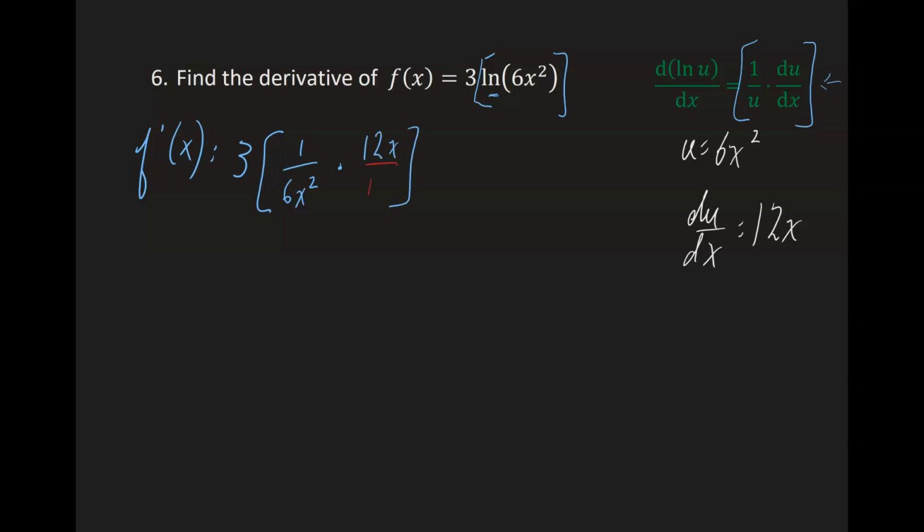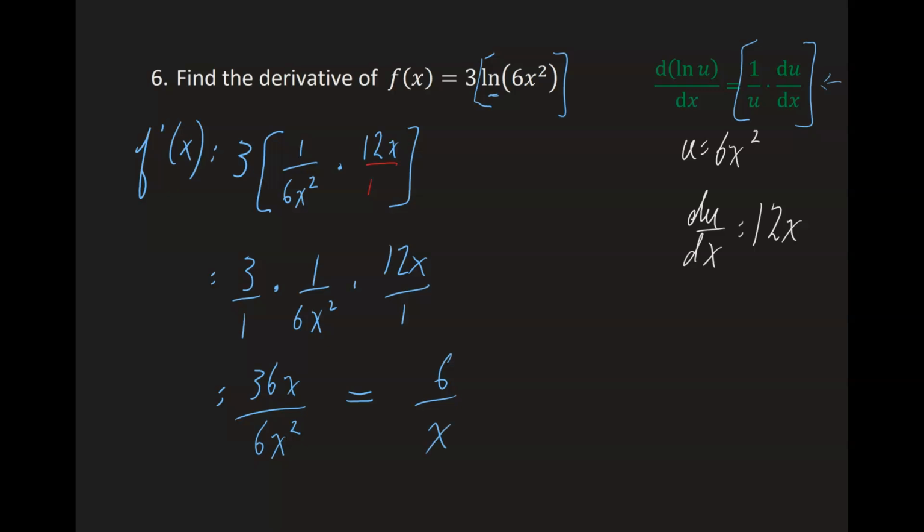Now remember, that's over 1, okay? So now let's just multiply all together. 3 over 1 times 1 over 6x squared times 12x over 1. That is 3 times 1 times 12x, 36x, over 1 times 6x squared times 1, which is 6x squared. Reduce, that becomes 6 over x.